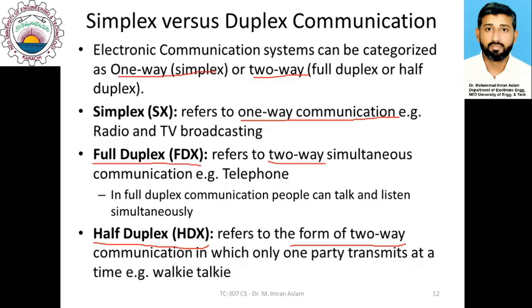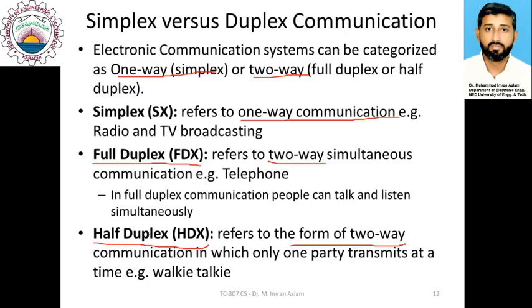The example is a walkie-talkie that is generally used for security services. One person talks at one end. When he finishes, he just says over, and the other person starts talking.